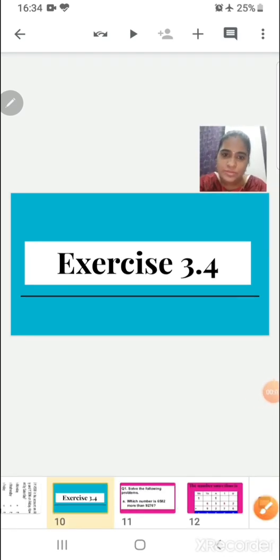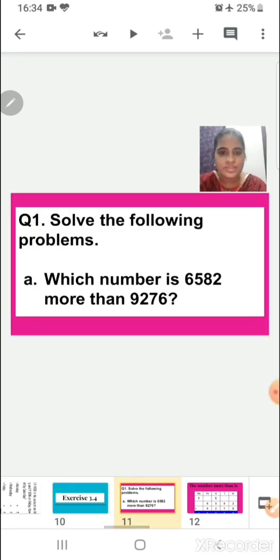Children, please note down exercise 3.4 in your notebook. The first question is question number 1. Solve the following problems. A1. Which number is 6,582 more than 9,276?